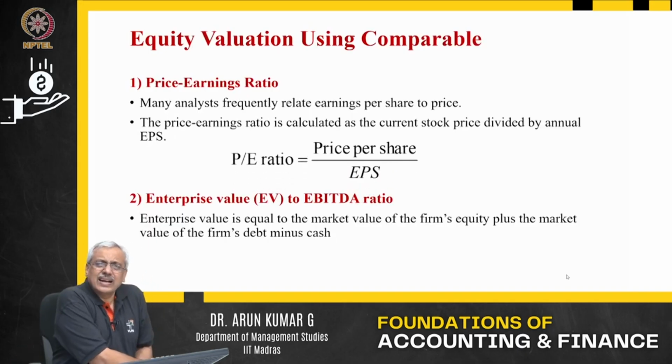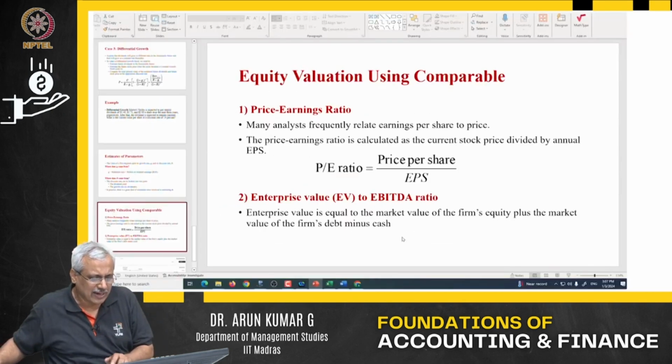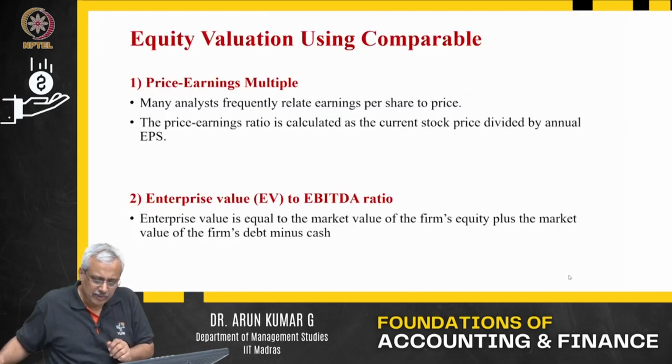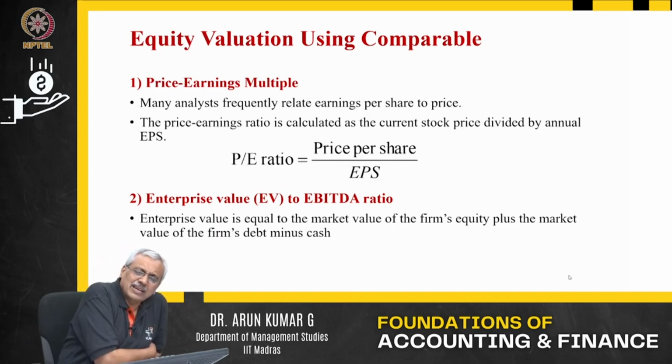Now let us look at other equity valuations that we use. We use PE multiple. I won't even call it PE ratio here; I am going to correct it. I am going to keep it as PE multiple, price earning multiple, in this particular case. The price earning multiple is nothing but price per share by EPS.